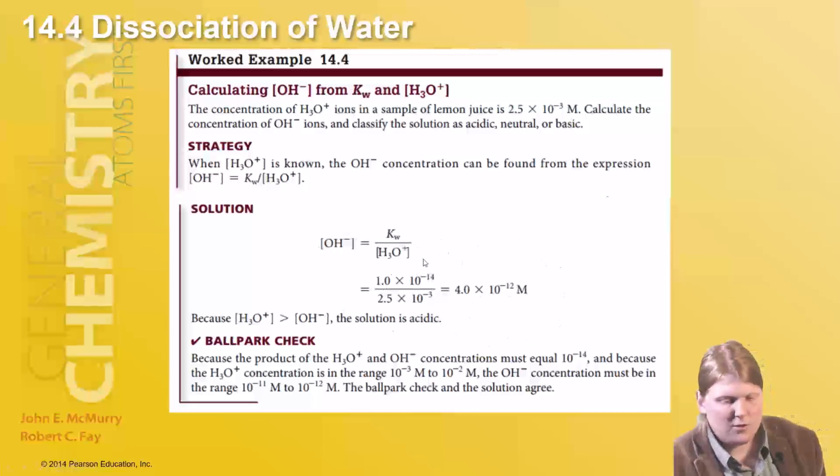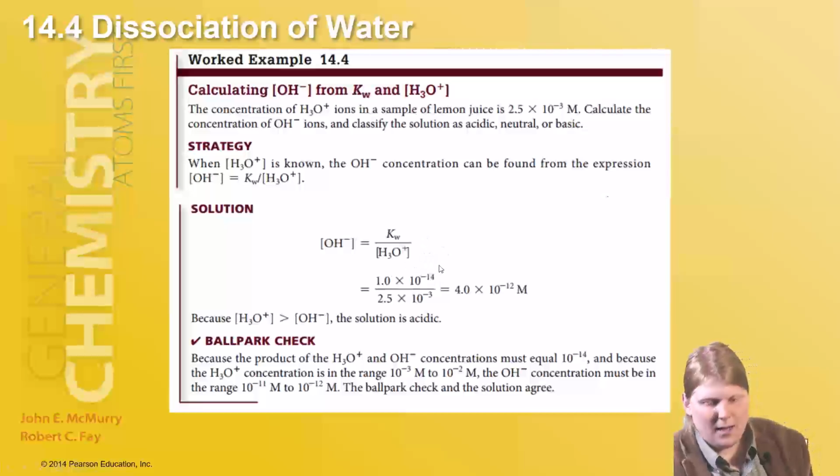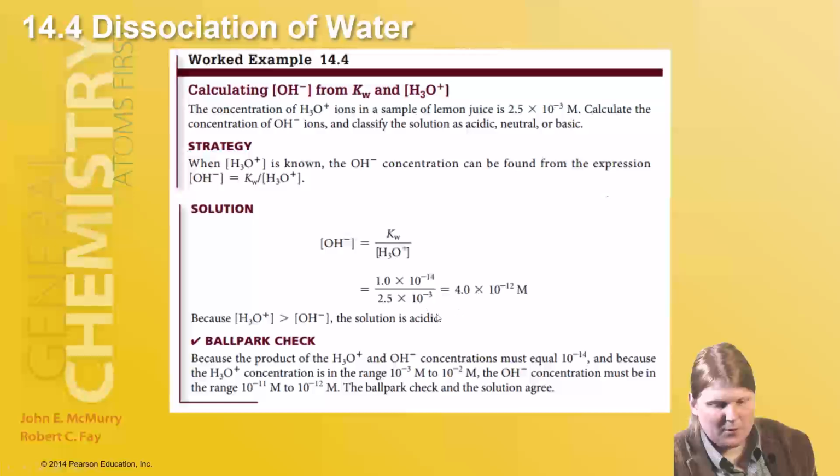You can do this with a Google calculator or on your calculator using the double E key, as I've shown in the demo. You can see that as a way to input these. That'll make these exponents a little easier in some cases, especially when you're dividing, so you don't have to enter a times 10 to the or something like that. And this kind of makes sense. It should be smaller than 1 by 10 to the minus 7 because we're in an acidic solution, so that makes the concentration of the base go down.